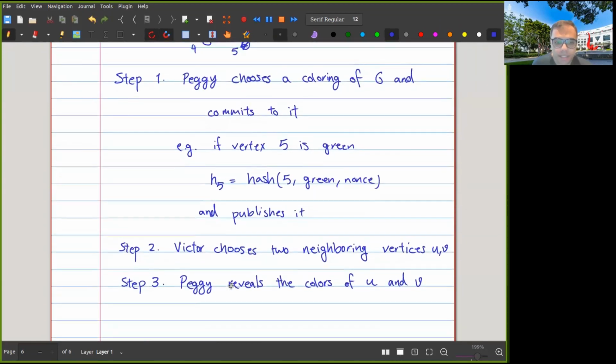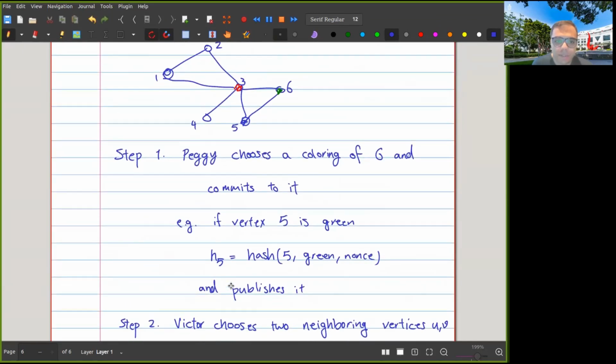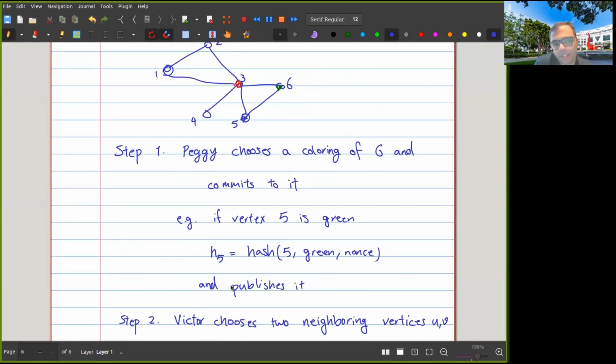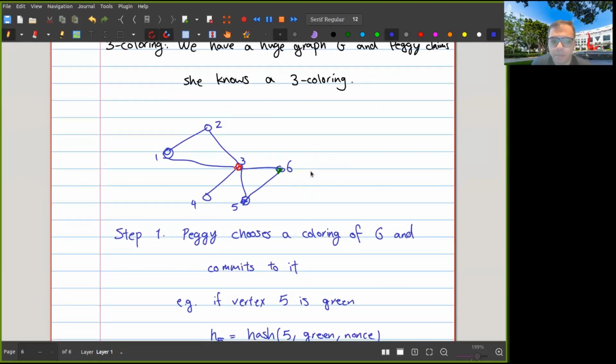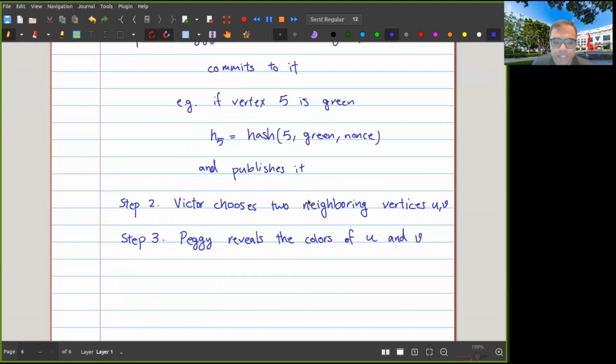So if Peggy is lying and she doesn't actually know a coloring, she will eventually get caught, right? So more specifically, if I have m edges, and if I choose an edge from these m edges randomly here and choose the two vertices on the two sides, there is at least a 1/m probability that Peggy gets caught if she doesn't have a valid coloring.